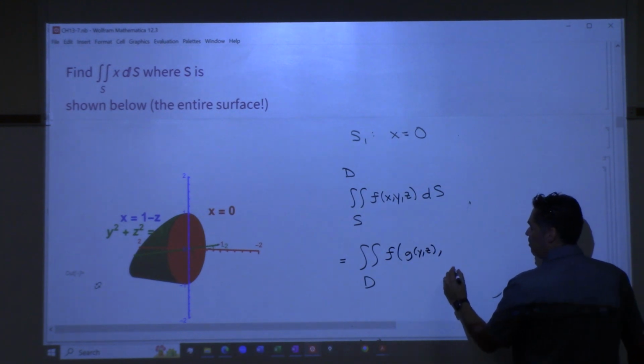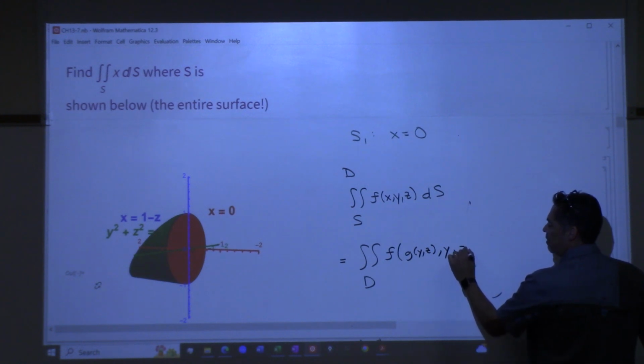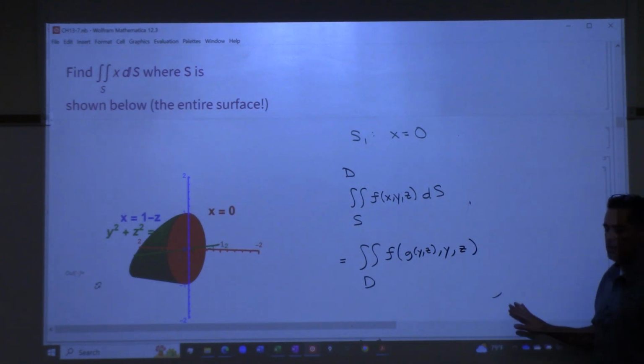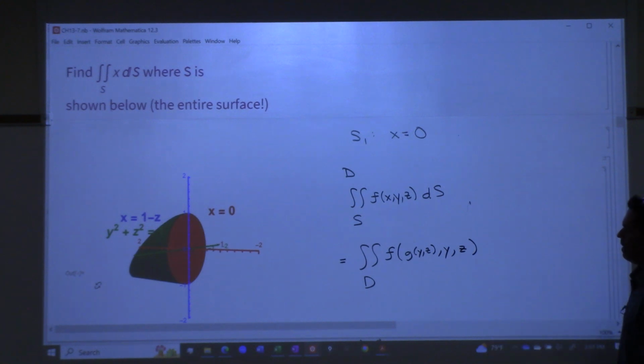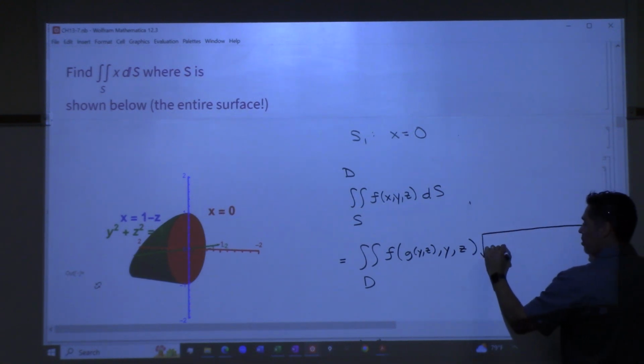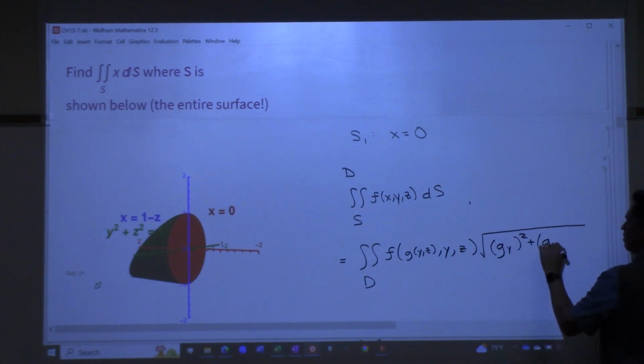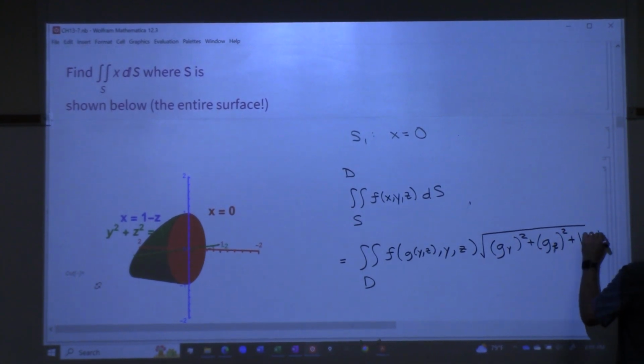The y gets replaced with just y. And the z gets replaced with z. And then here, the square root of the partial of g with respect to y squared plus the partial of g with respect to z squared plus 1 dA.